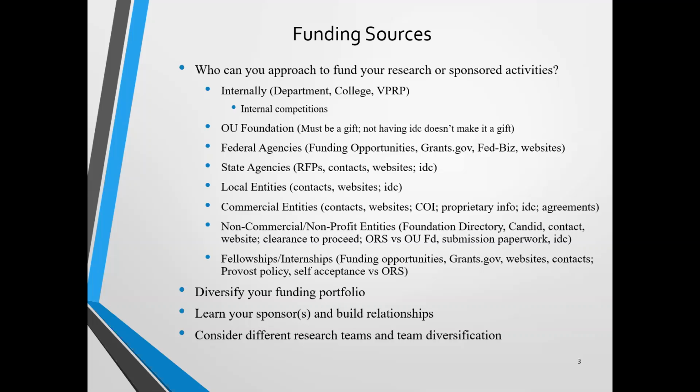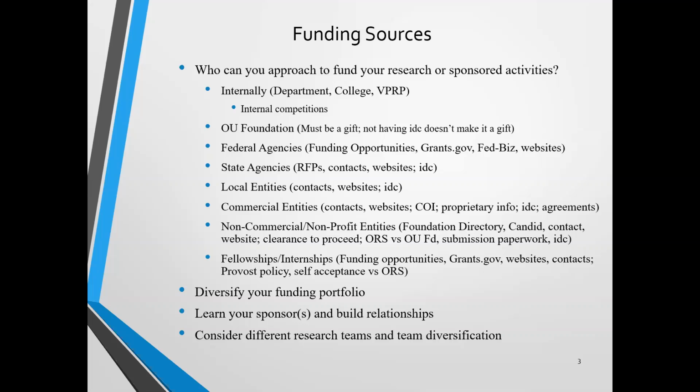One of the reasons why I wanted to go over these different funding sources is to encourage you to diversify your funding portfolio. So don't put all of your eggs in one basket. Many times, federal sponsors will have budget limitations imposed because of funding cycles as they're going through Congress, being not approved or being changed in midstream in the funding.